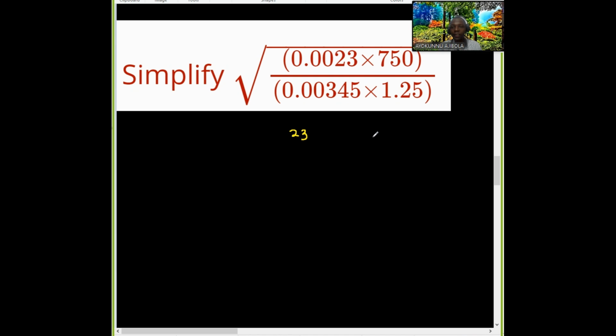Are you listening? Yes, sir. I want to change them all to whole numbers. So whatever I do above, I must do at the bottom. If I'm moving my point four steps, one, two, three, four, then I must find a way of moving it four steps at the bottom too. Is that clear?